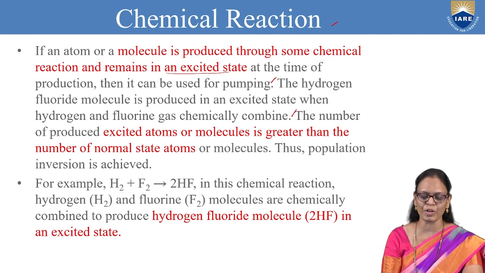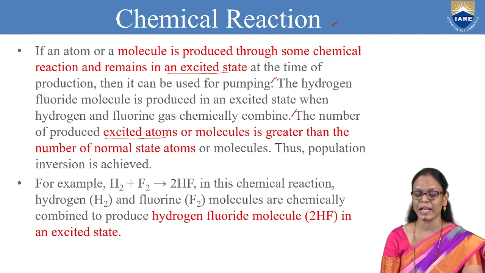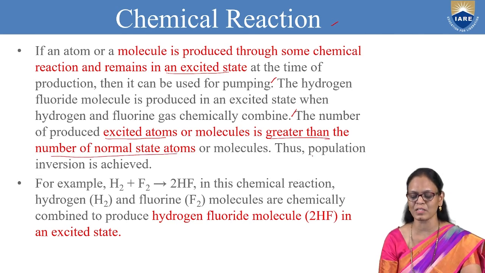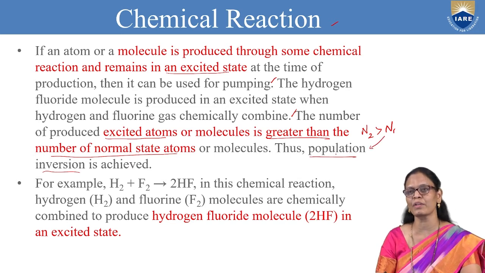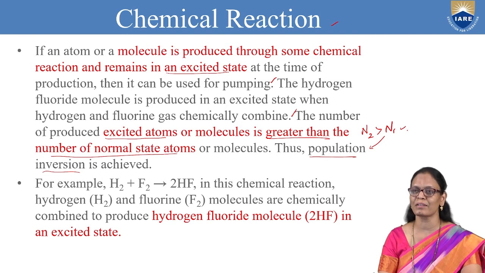So the number of produced excited atoms is greater than the number of normal state atoms, and this is what we call population inversion. If the number of atoms in the excited state is more than that in the normal state, we say N2 is greater than N1. This is population inversion, because population inversion is a must to get laser. So how are we achieving it? With the help of a chemical reaction.